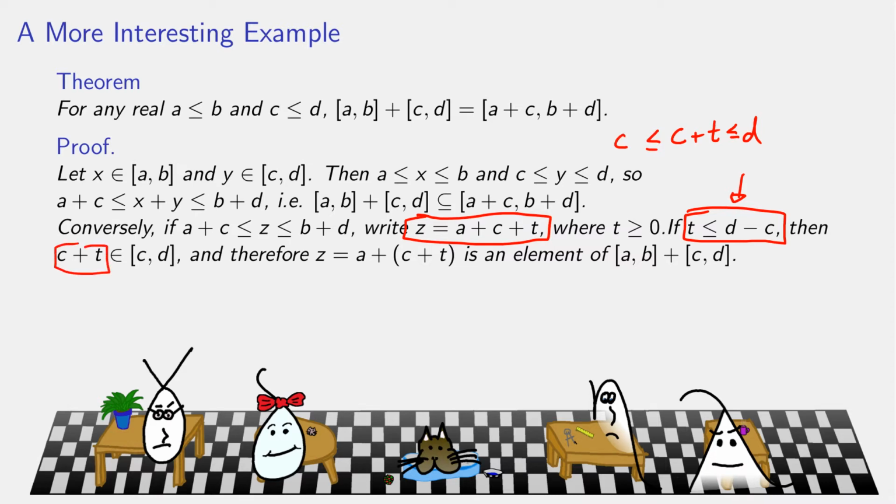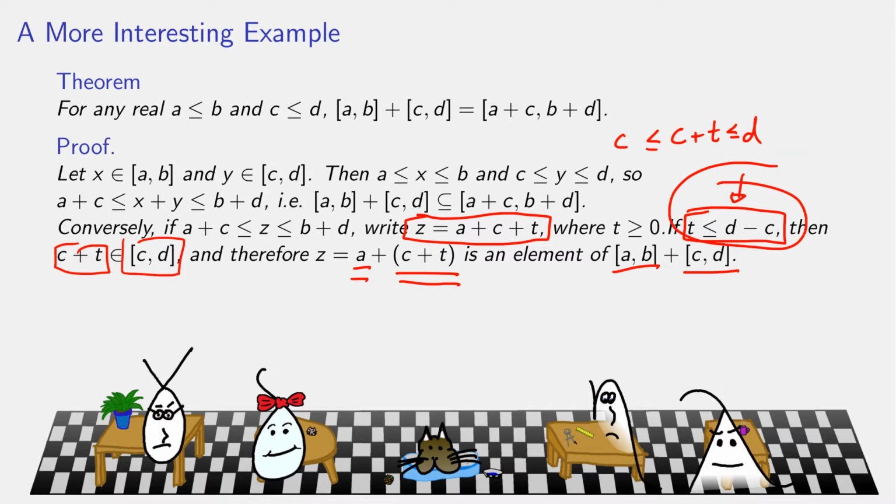So this thing here is in between c and d. Therefore, I can write z as a plus c plus t, something from the interval from a to b, specifically the left endpoint, and something we just showed is in the interval from c to d. So it must be something from AB plus something from CD. That was under the assumption that t was less than or equal to d minus c.